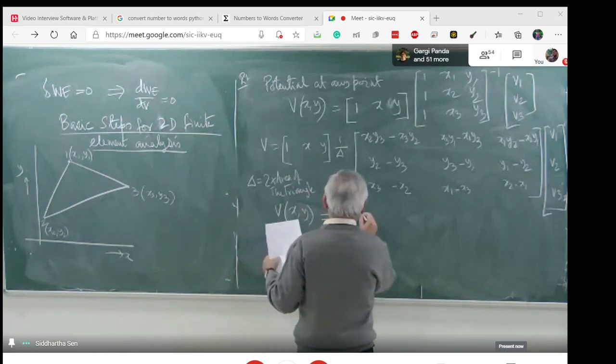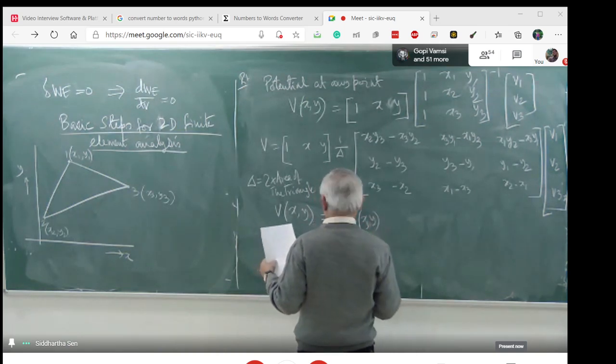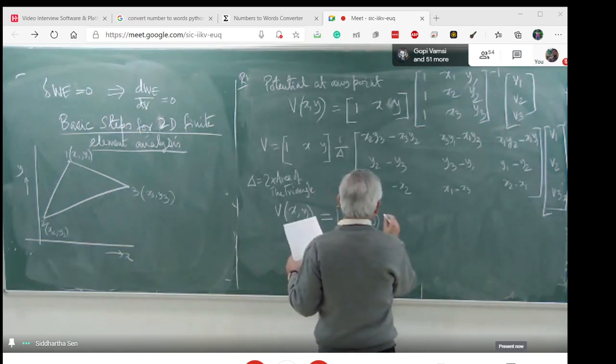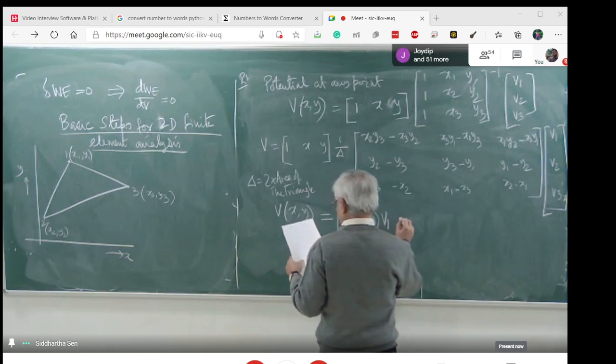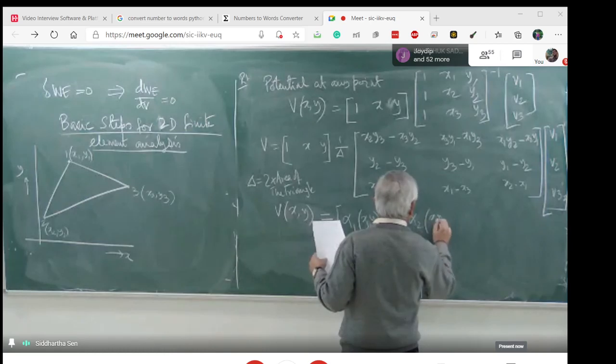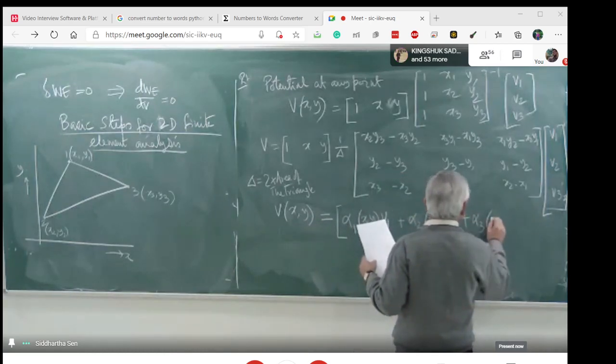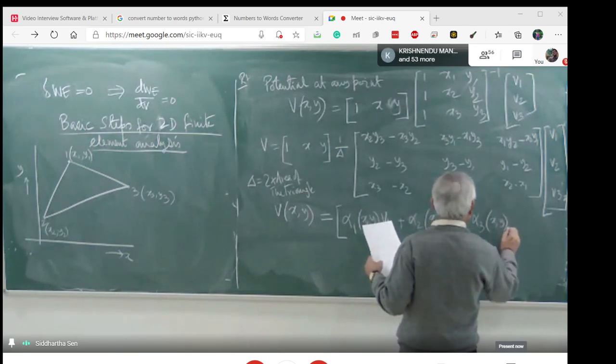alpha 1, which is a function of x comma y, into V1 plus alpha 2 of x comma y into V2 plus alpha 3, a function of x comma y, into V3.